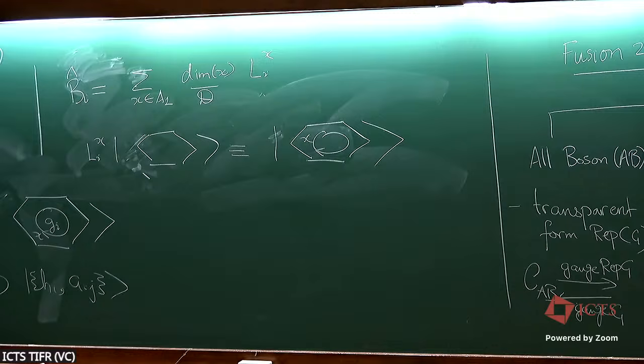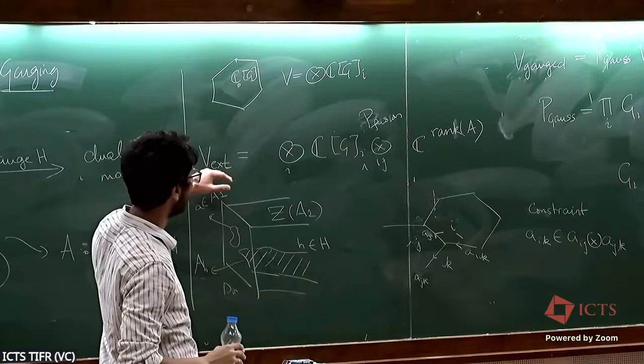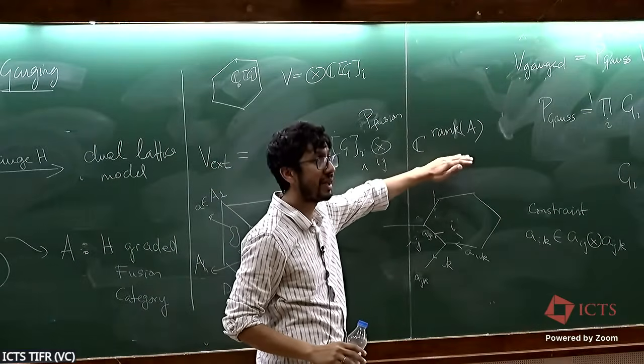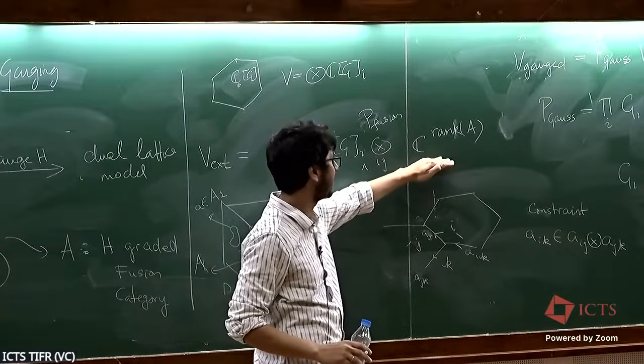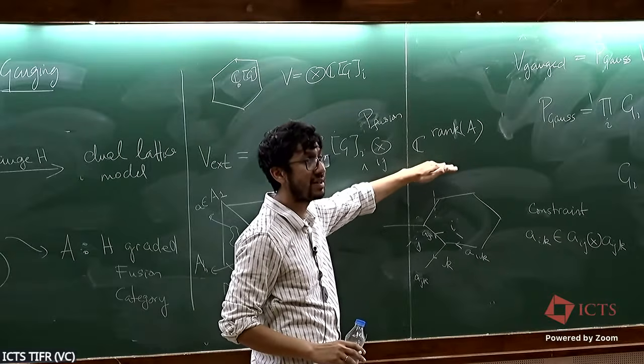So what I'm trying to do is start with the G-symmetric model and effectively stack and gauge. The initial degrees of freedom are just this. So you just have G qubits on the plaquettes. And then I add extra degrees of freedom. The extra degrees of freedom are added on the edges. I've also assumed, maybe I didn't say it, that the fusion category is multiplicity free.